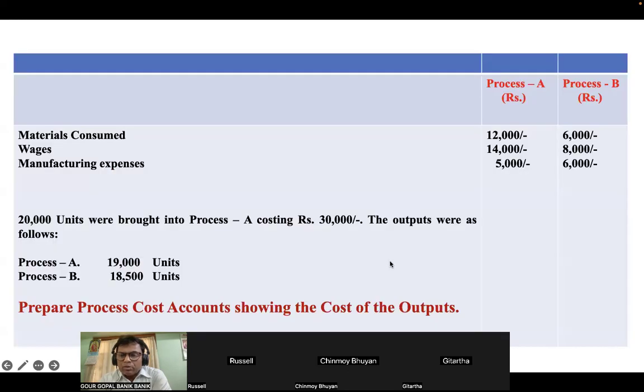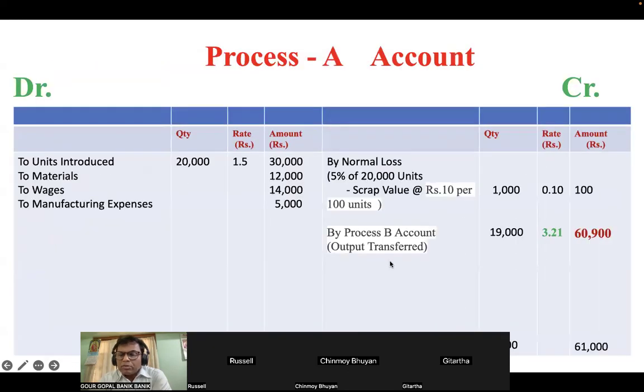So this is scrap value. 100 units is 10 rupees. How much is it for 1,000? 10 rupees per 100, so for 1,000 it is 100.